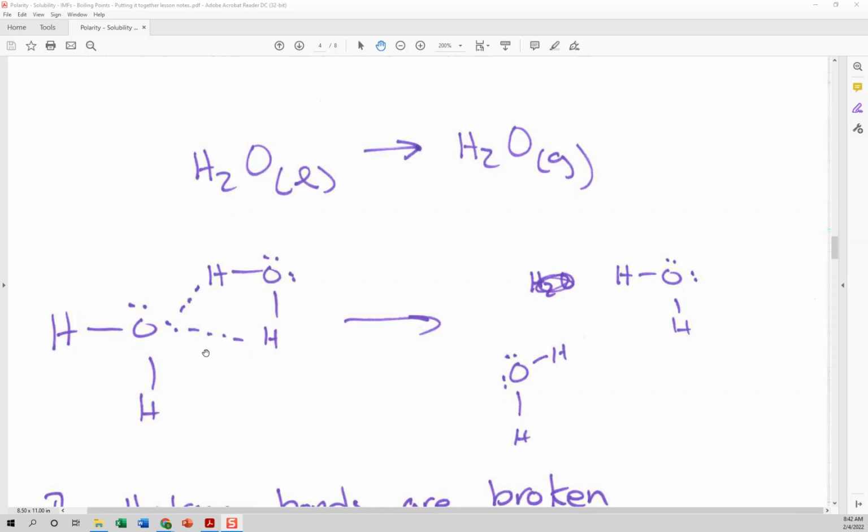So that's what has to break. And if these attractions are really strong, these particles must move really fast to break them. Well, the speed of a particle is directly proportional to the temperature. So if you have strong IMFs, they're not going to break unless you get to a high temperature, okay?